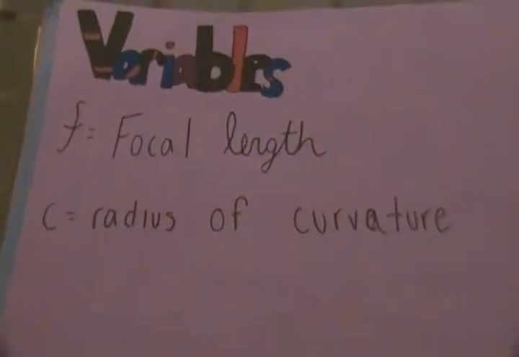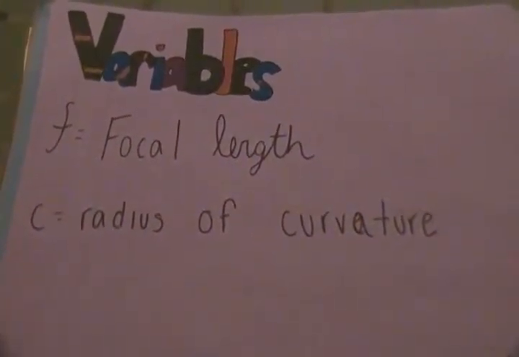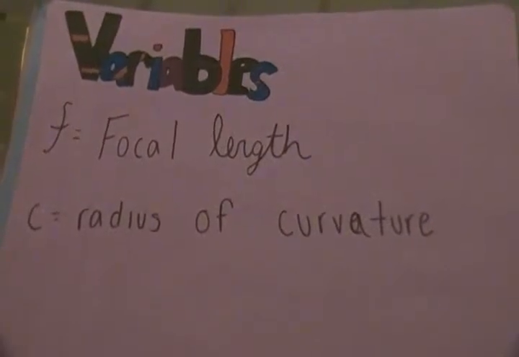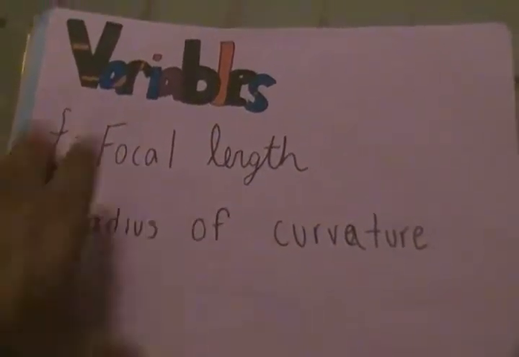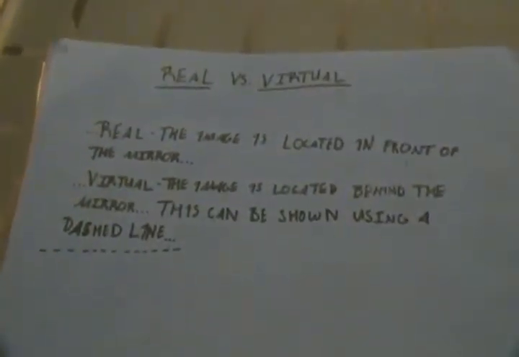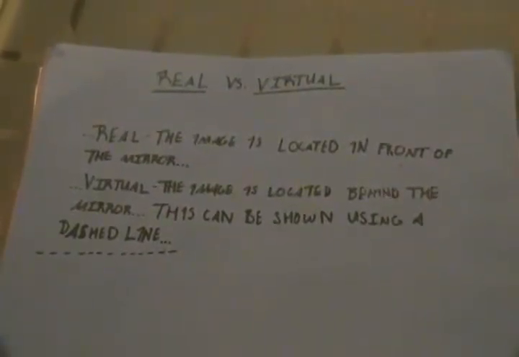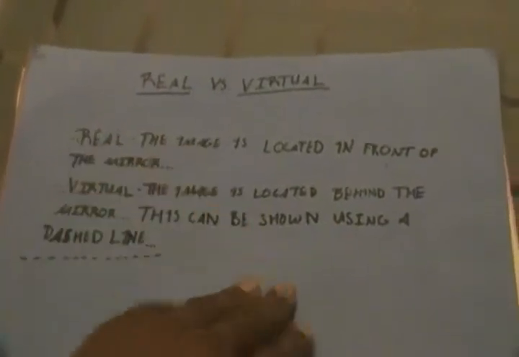The variables that we need to know: focal length and radius of curvature. The focal length is indicated by an F, and the radius of curvature is indicated by the C. Real versus virtual. A real image is located in front of the lens, and a virtual image is located behind the lens. We use a dashed line.